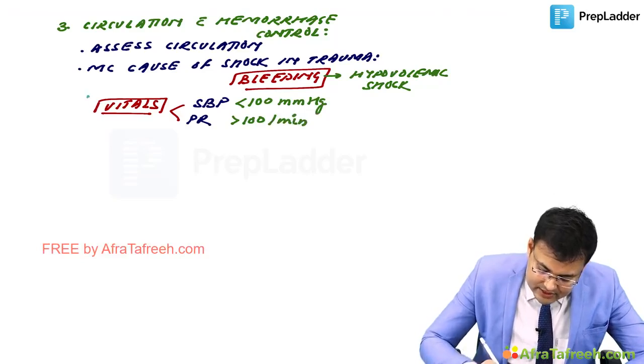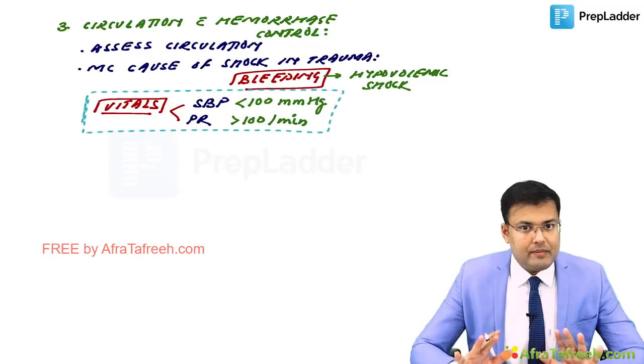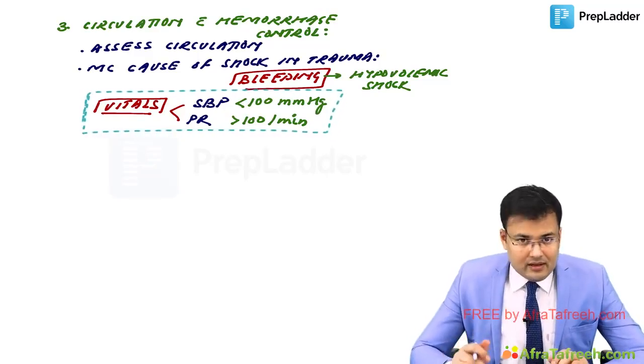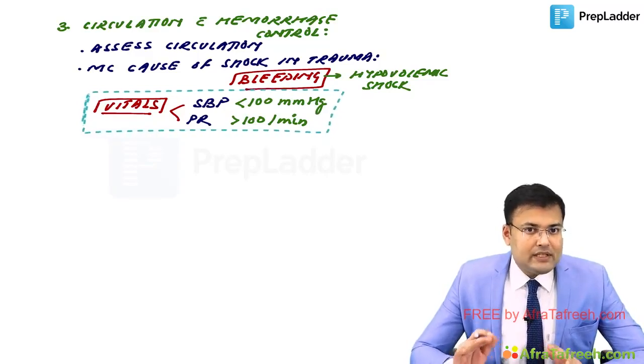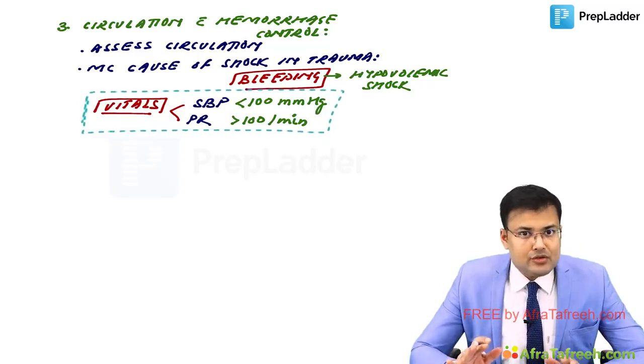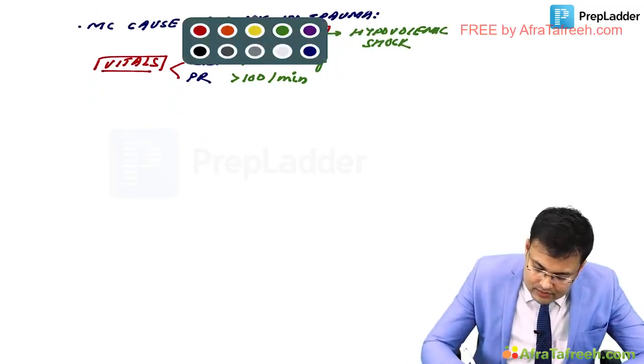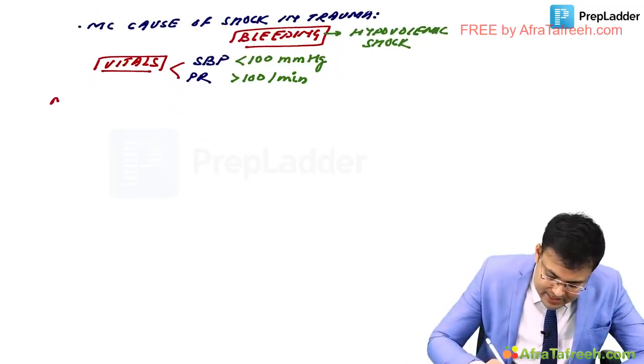Clear? So this is the definition of unstable vitals in adults you are supposed to remember. And whenever patients are having unstable vitals like this, we have to suspect the shock and we are supposed to manage the shock. So see the management. Management of shock.